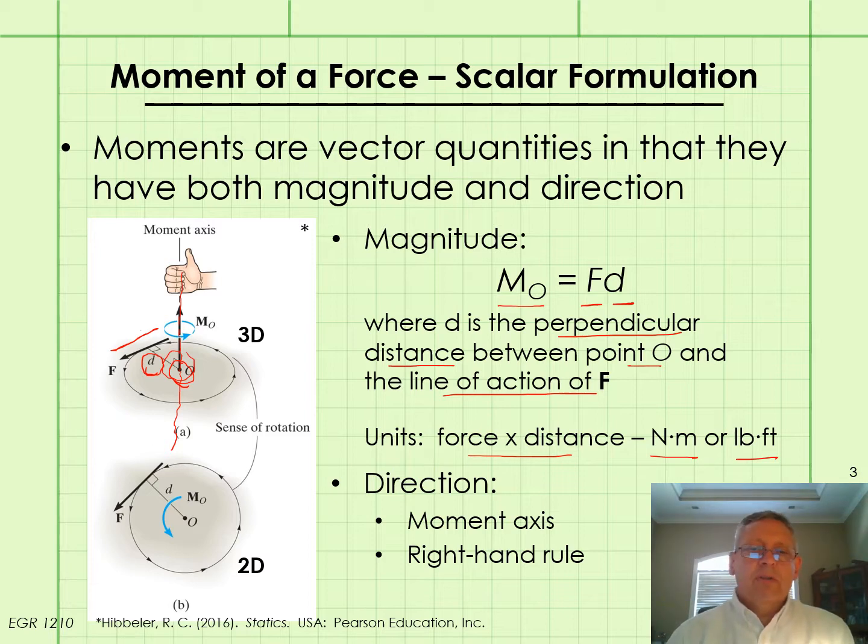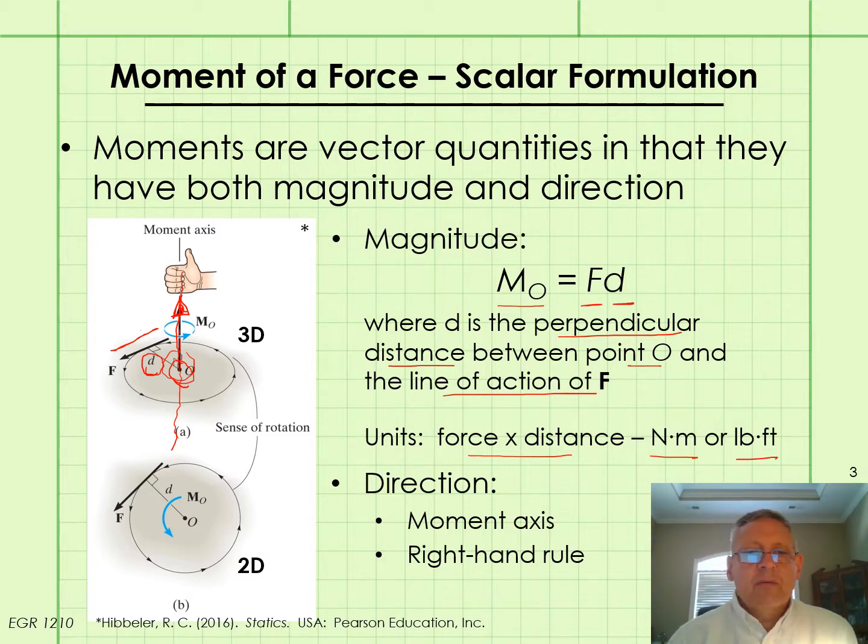If you use your right hand and curl your fingers in the direction that F is trying to rotate about point O, and look at where your thumb goes, you'll see that it points up, and therefore we would draw the moment vector upwards along the moment axis.